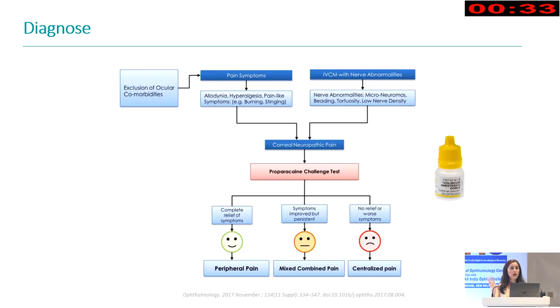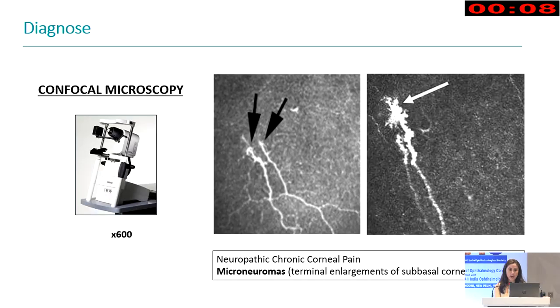So if this patient complains of pain and we put a drop of anesthesia and the pain is no longer there, then it will be peripheral pain. But if you put anesthesia and he keeps complaining, then it will be a central pain, and this will need further approaches to the typical treatments that we give to the eye.